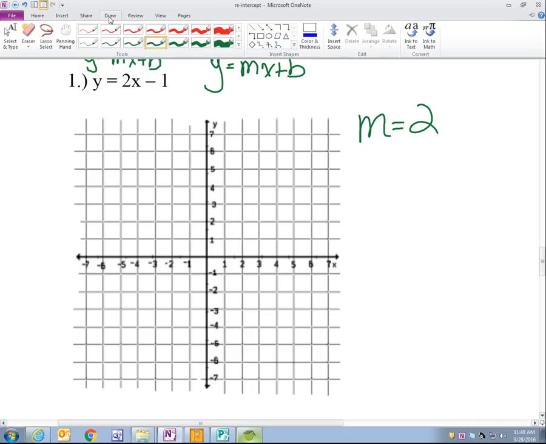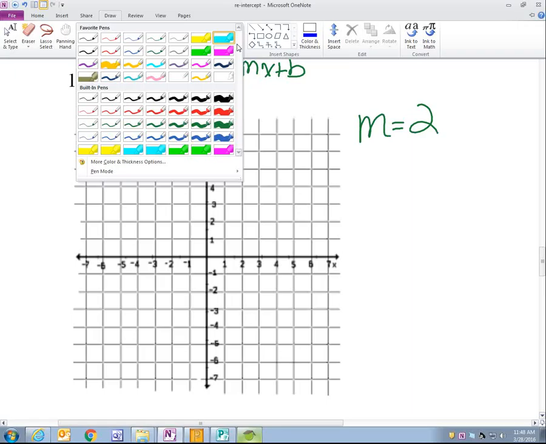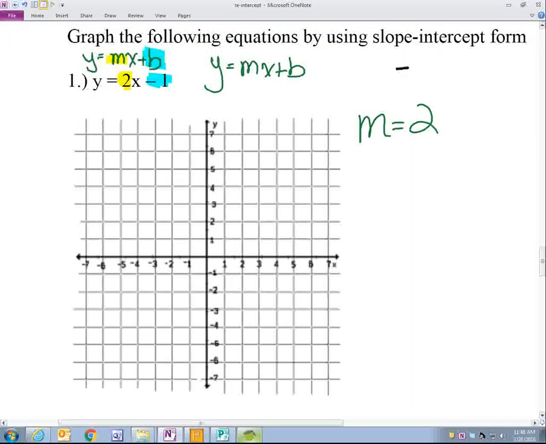Because look, we have m here, and there's a 2. Then we have plus b, and we have a minus 1 there. Remember, 1 plus negative 1 is the same thing as 1 minus 1. So my b value is negative 1.